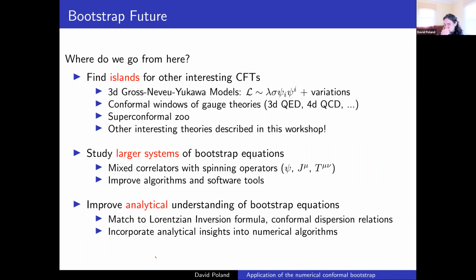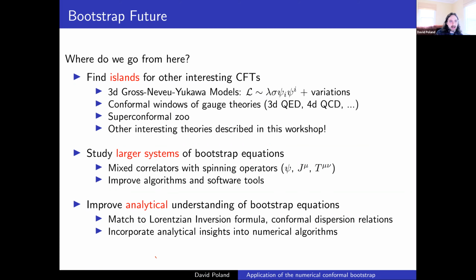Another interesting target is to look at conformal windows of gauge theories like 3D QED, 4D QCD, 3D Chern-Simons theory, and so on. There's this whole zoo of superconformal theories that I didn't really talk about, but some interesting progress has been made there, and there are lots of other theories you can tackle using these large-scale bootstrap techniques that I discussed.